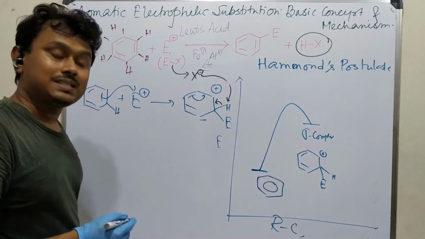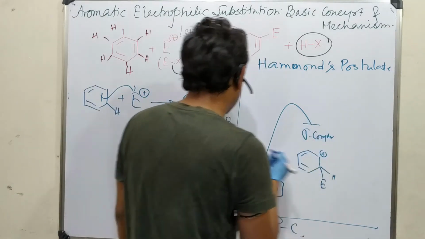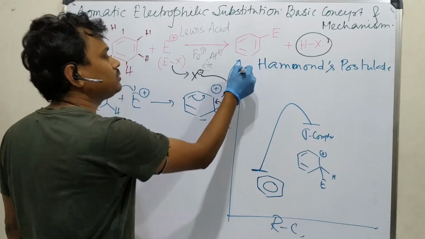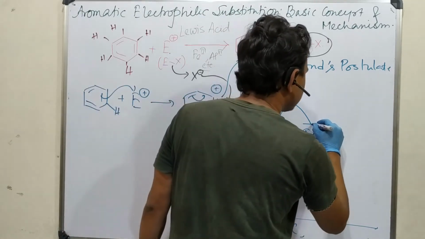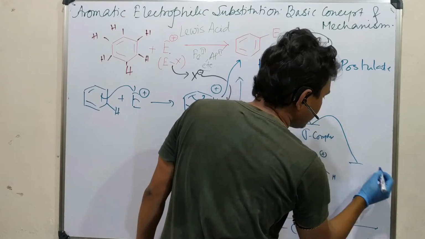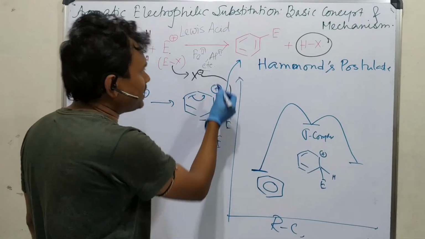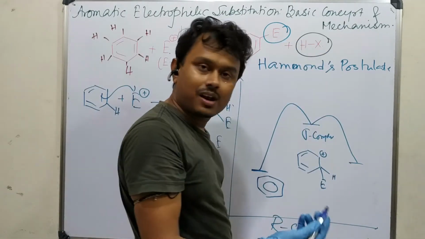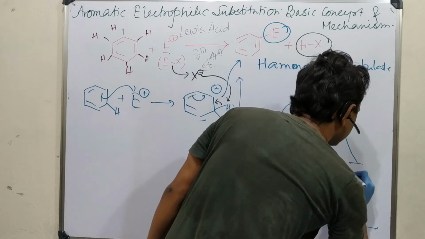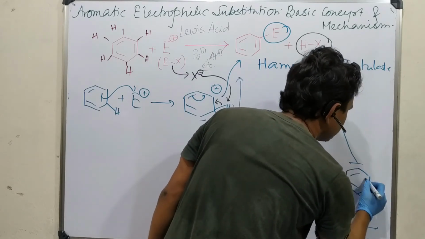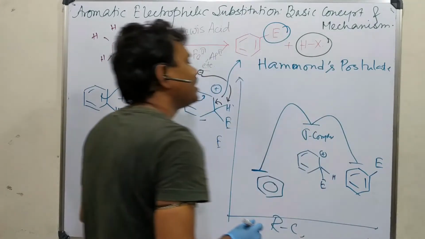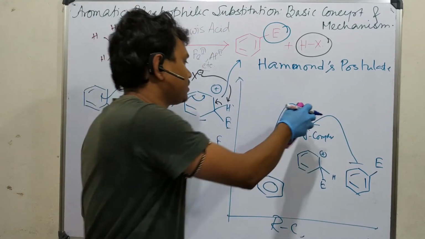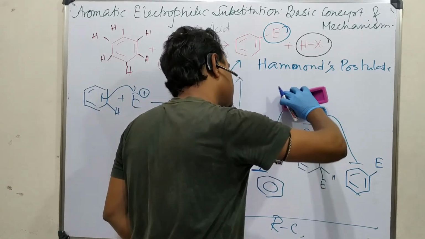Now this sigma complex is reacting, losing this proton to gain aromaticity, from there to this. Depending on the nature of E, the energy of this substituted product could be a little higher or a little lower compared to benzene. It doesn't matter. Now actually I should draw it a little better way. I guess I have made a little mistake.